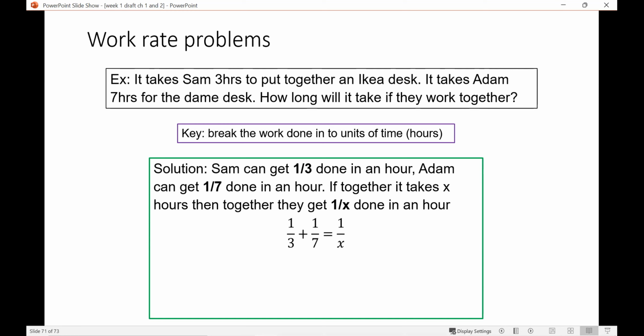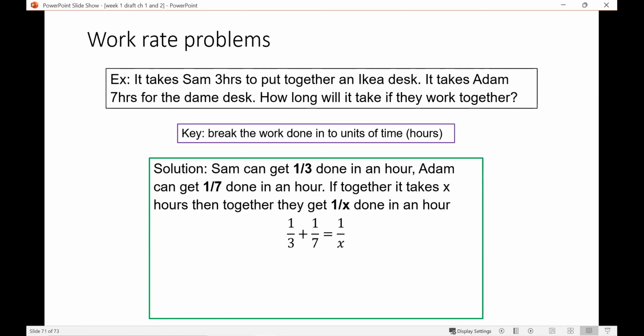Okay. Well, if we want to know the total hours it takes them to put this desk together, it's going to be in the first hour, they're going to get 1 divided by the total hours it takes them. They're going to get that fraction of the desk completed. So we can actually set up the equation 1/3 plus 1/7 equals 1/x, where x is the hours it takes them to put the desk together, right? Because let's say it takes them 20 hours to put the desk together.